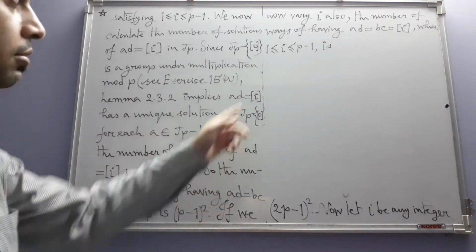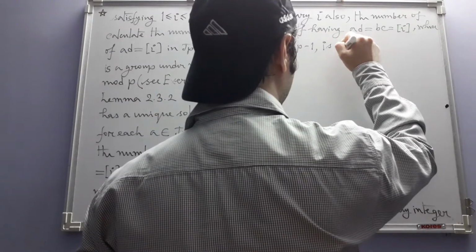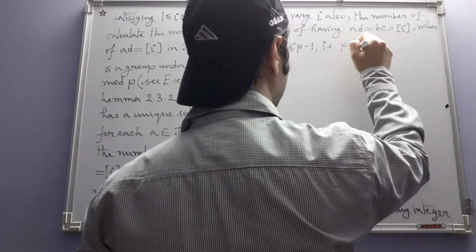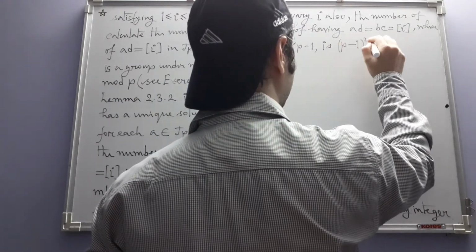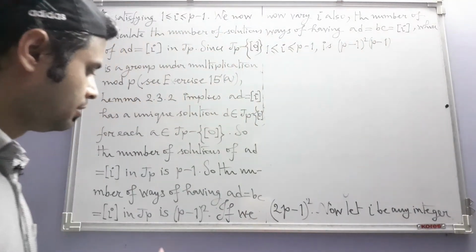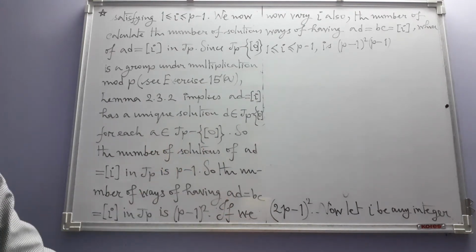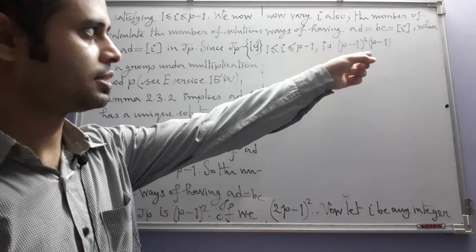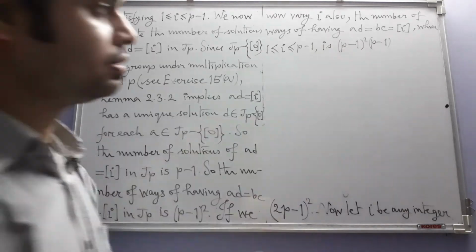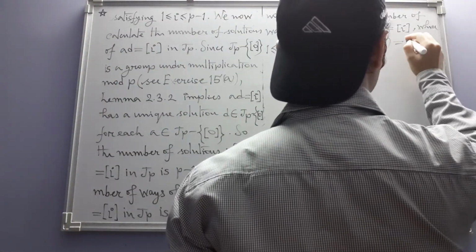P minus 1, from 1 through p minus 1. So the total number will be p minus 1 whole square times p minus 1, because for I equal to 1 you will have p minus 1 whole square, for I equal to 2 again p minus 1 whole square. So p minus 1 such choices gives us p minus 1 whole cube.